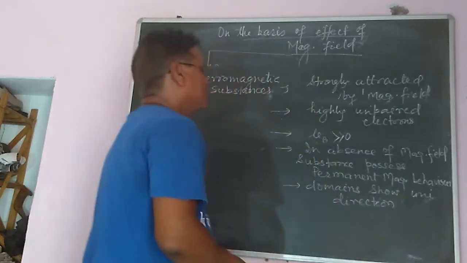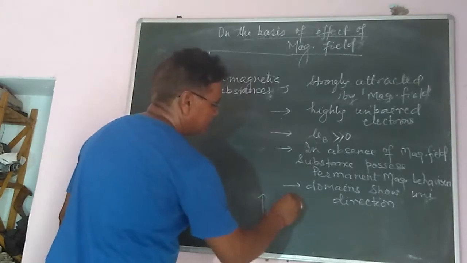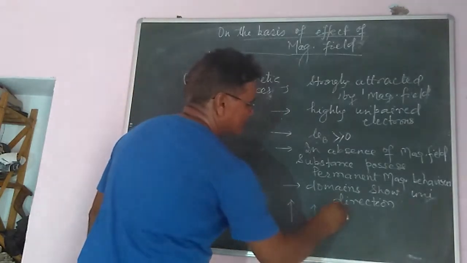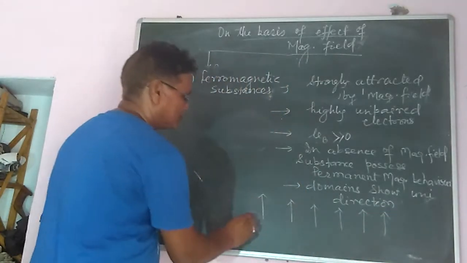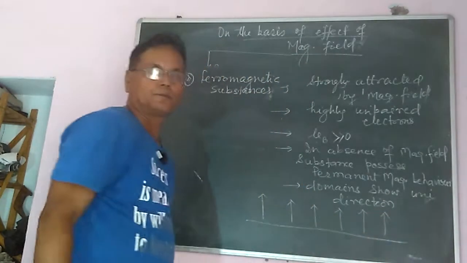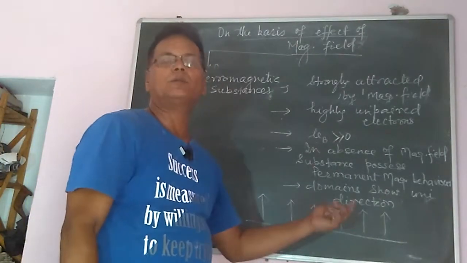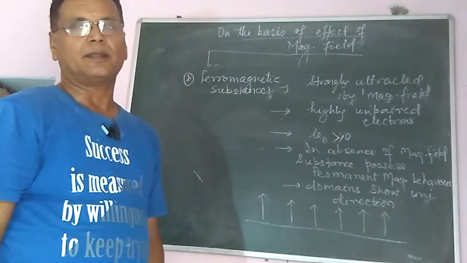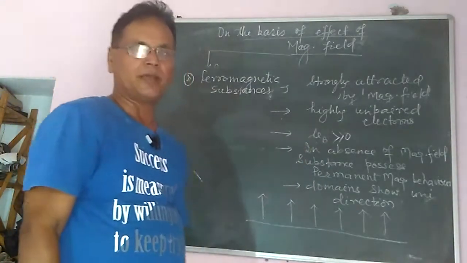See here in the diagrams, all the domains, all the electrons, move in one direction. So this behaves as a permanent magnet.